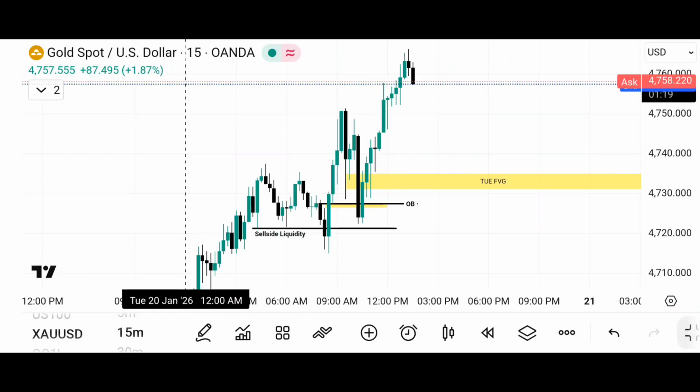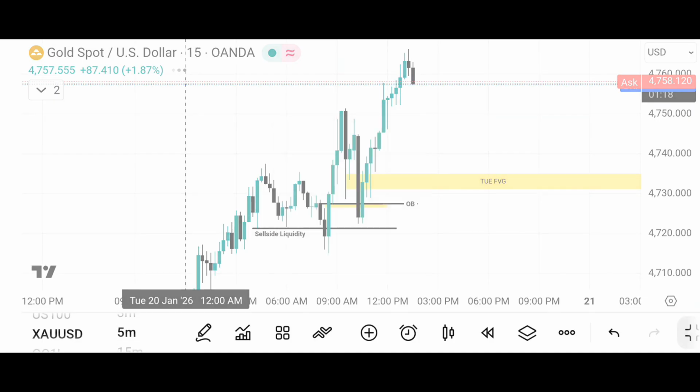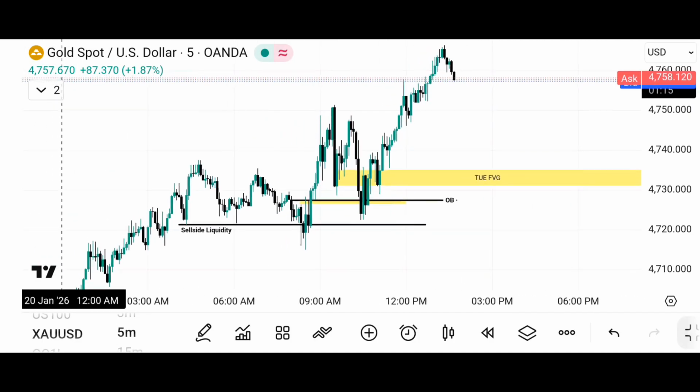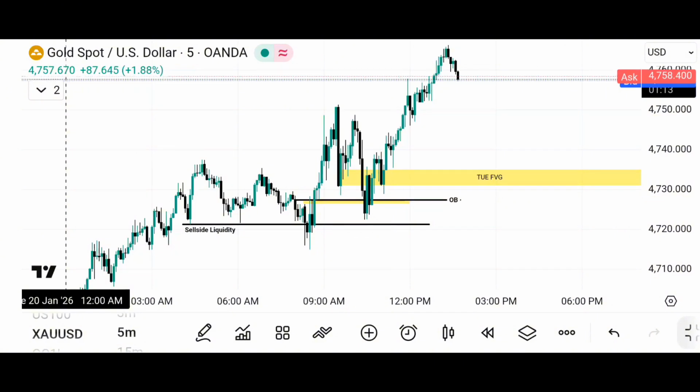Now there's something I want you to see. Remember I discussed the ICT silver bullets, and I said it's a time-based setup that happens in a 1 hour time window. At this 1 hour time window, that's when price will start running.